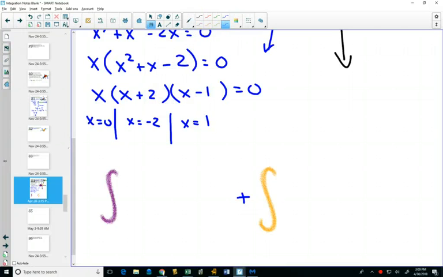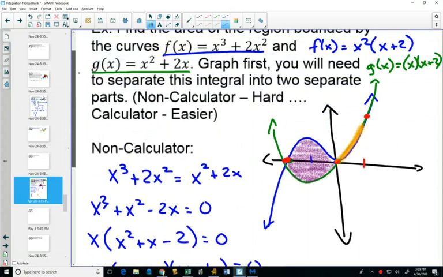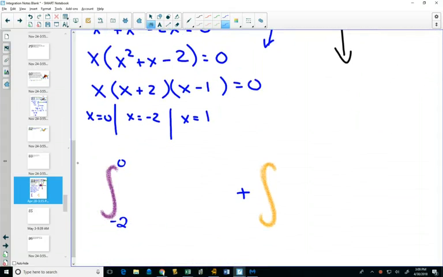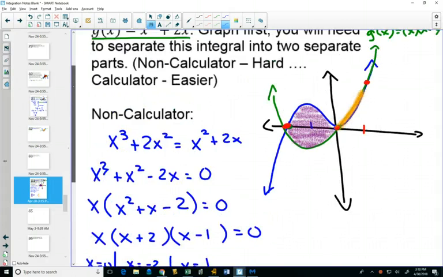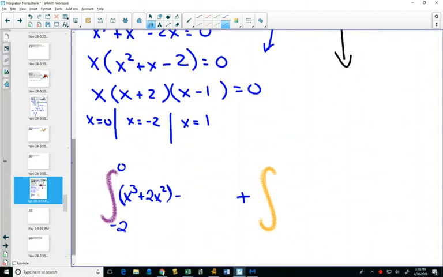This first one goes from -2 to 0. In that section, our blue function, the cubic one, is on top. So we would have x cubed plus 2x squared minus the other one, which was just x squared plus 2x, dx.